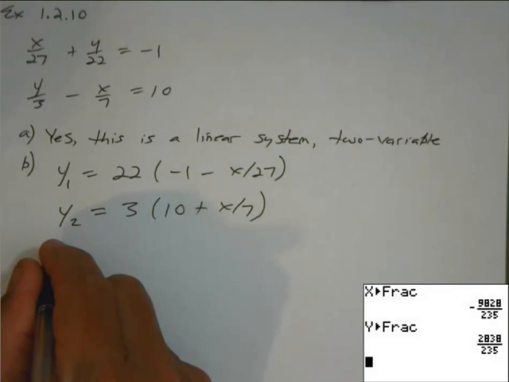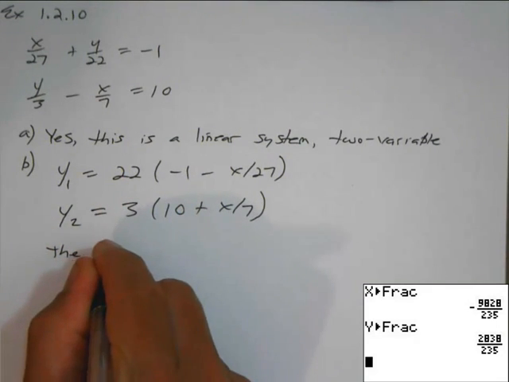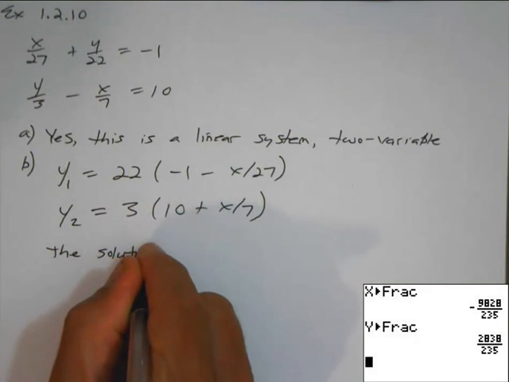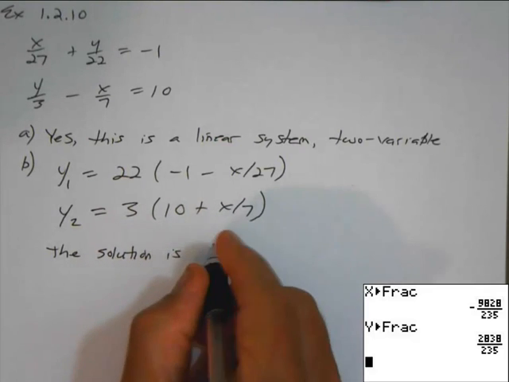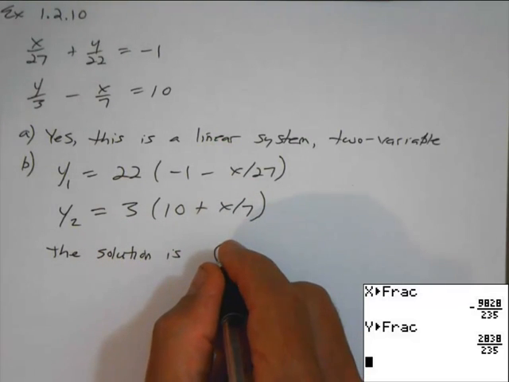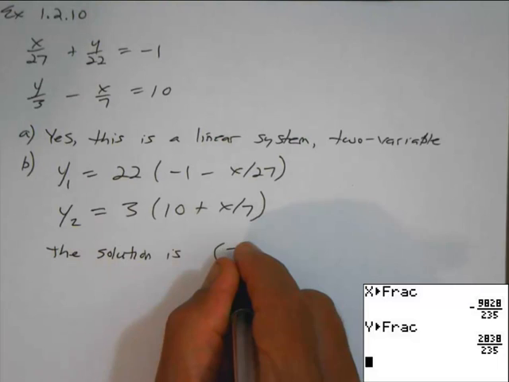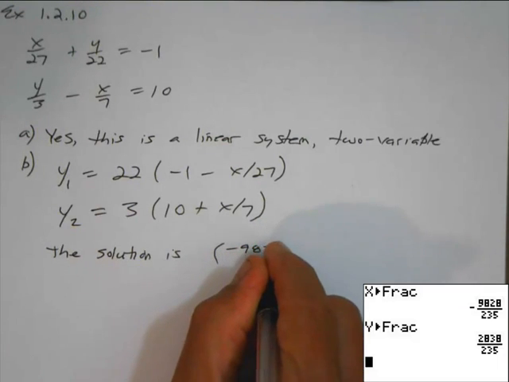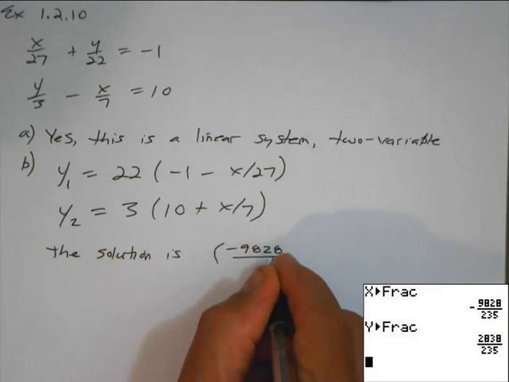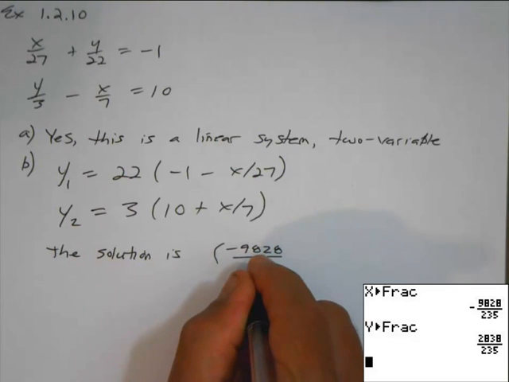Okay, we have the solution. The x-coordinate is negative 9828 over 235.